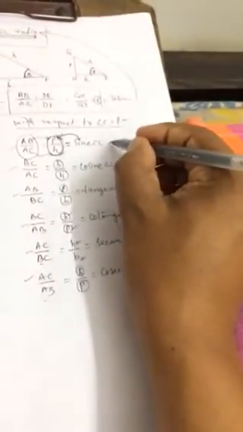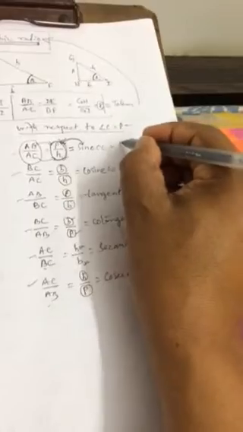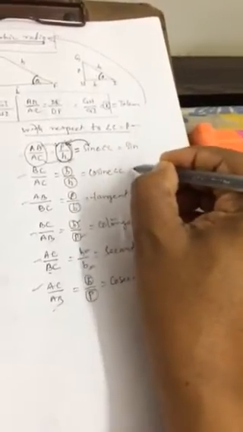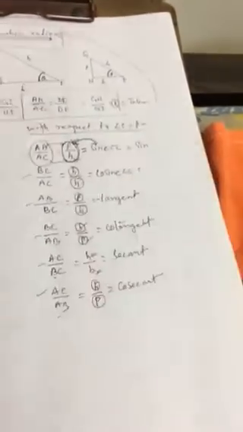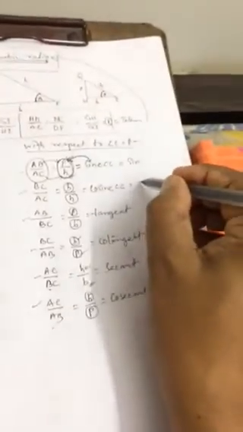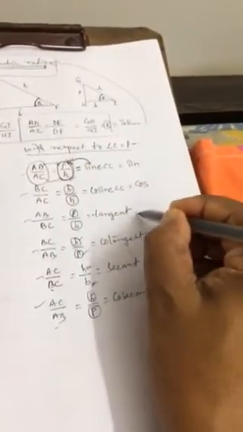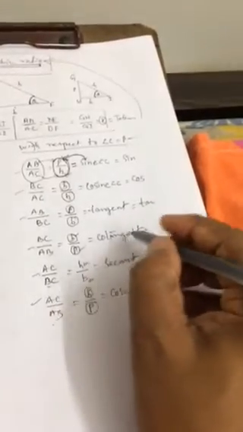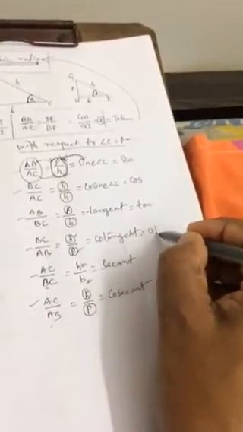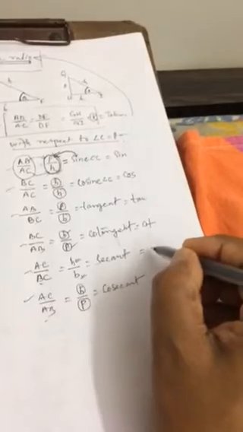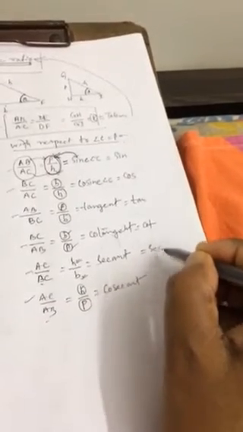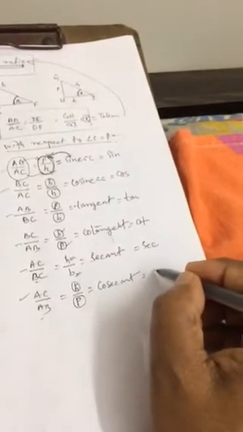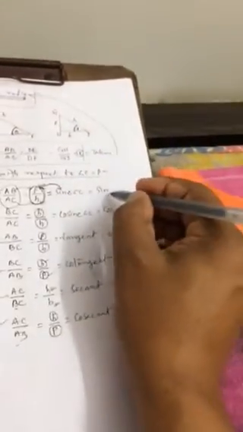Sine is written in short form as sin, cosine as cos, tangent as tan, cotangent as cot, secant as sec, and cosecant as cosec.